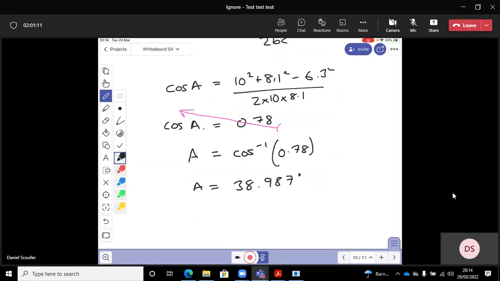It doesn't ask, but leave it in 2 decimal places. That A is your missing angle.